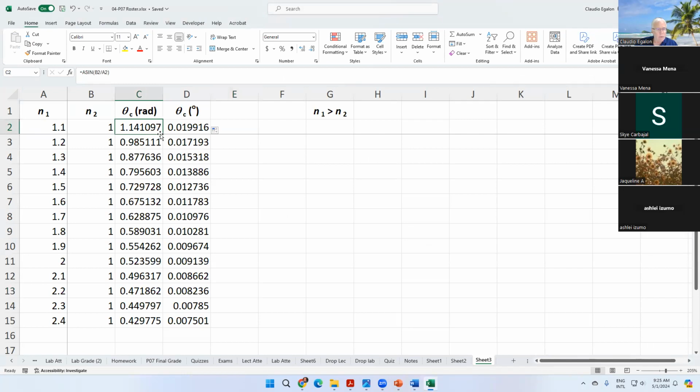Okay, the critical angle. The higher the refractive index, the easier it is for you to reach the critical angle. So that's what it's showing here.